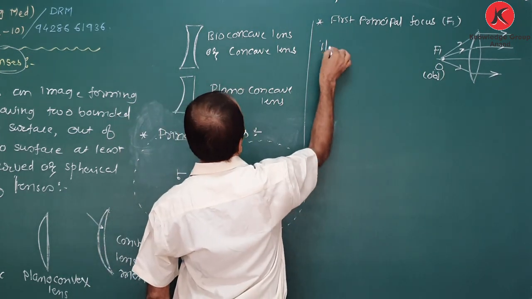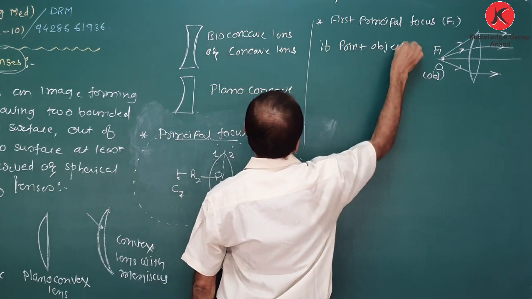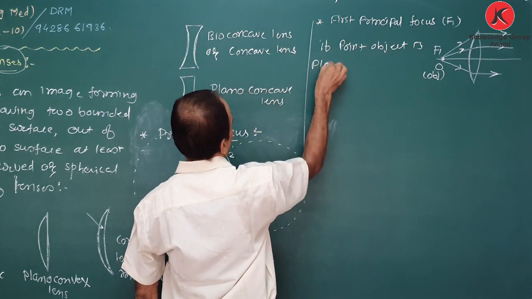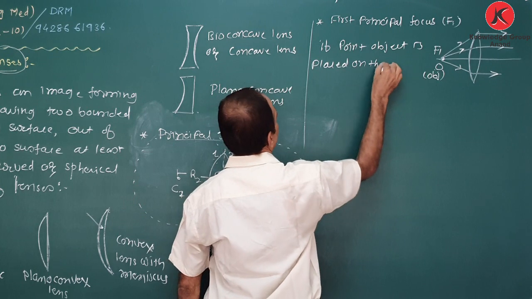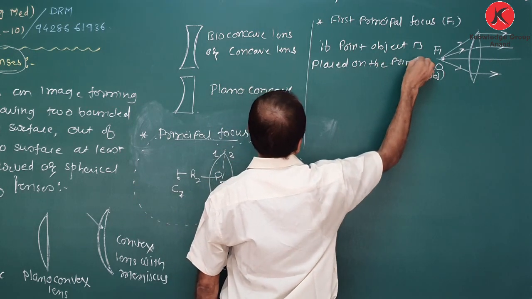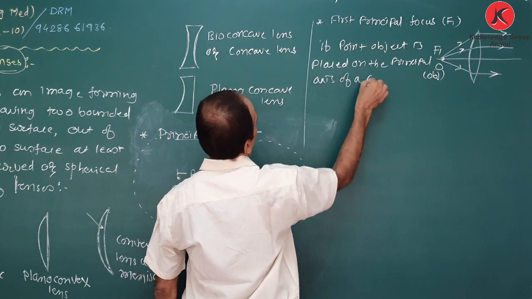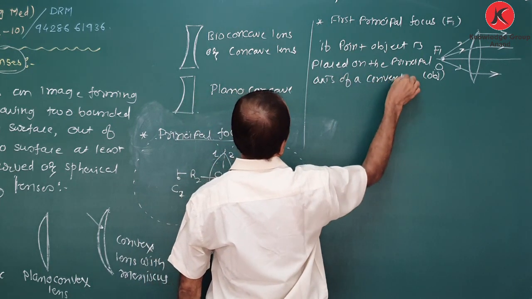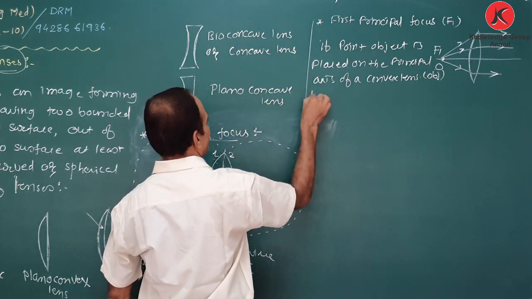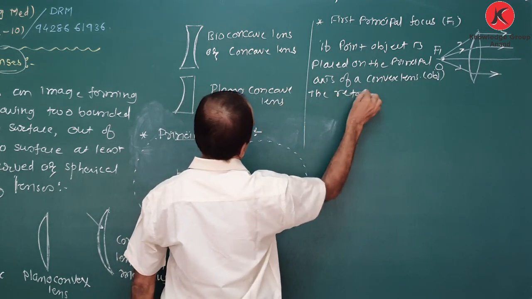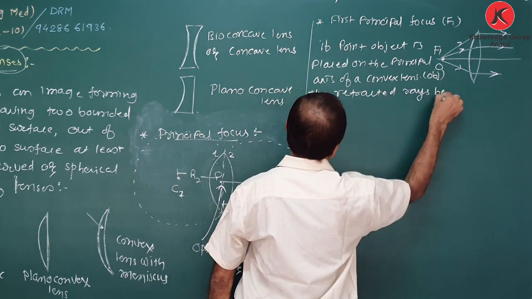Again, if a point object is placed on the principal axis of a convex lens, the refracted rays become parallel.